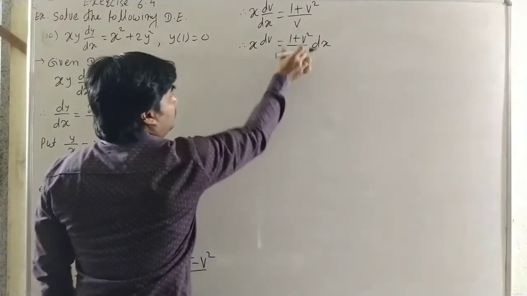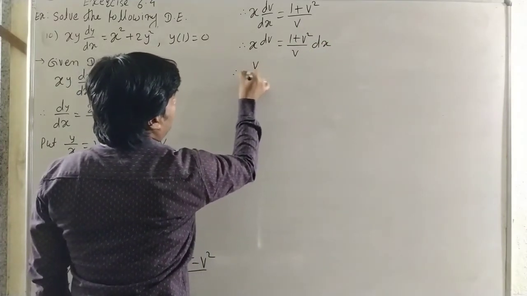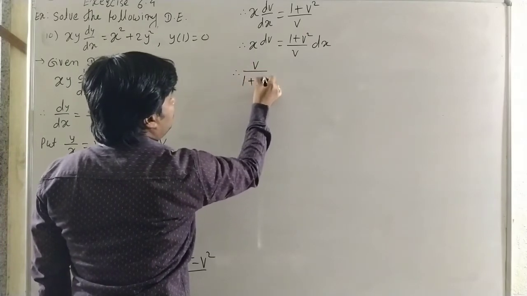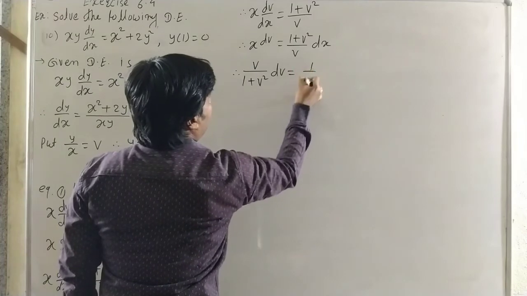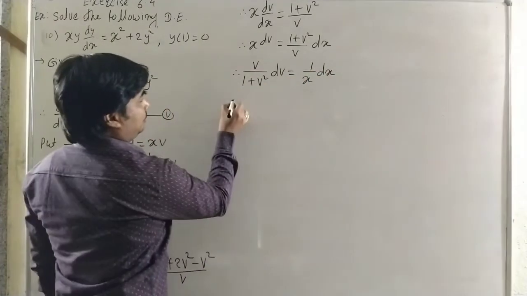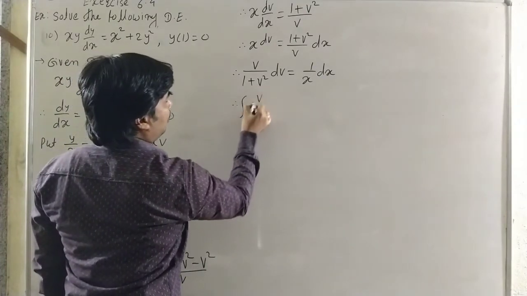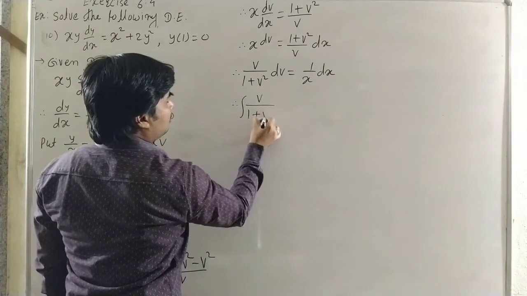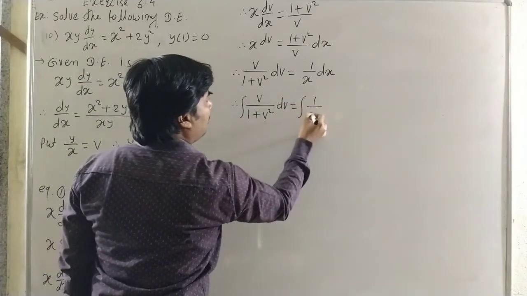Now all terms of the phi we write with dv. Therefore phi upon 1 plus phi square dv is equal to 1 by x dx. Okay, now taking integral on both sides, phi upon 1 plus phi square dv is equal to integral of 1 by x dx.